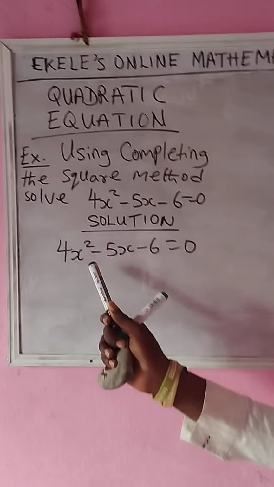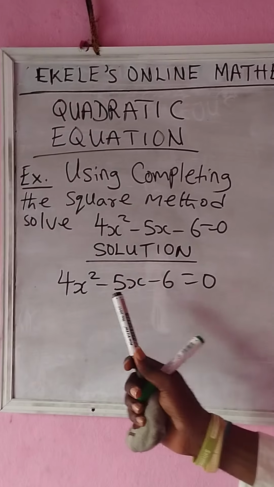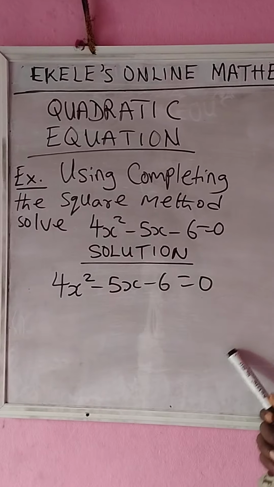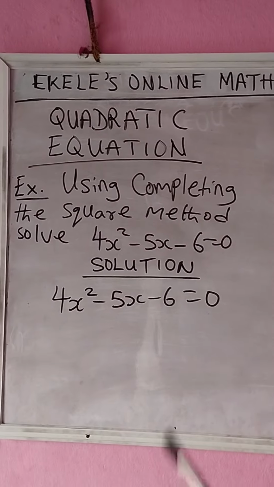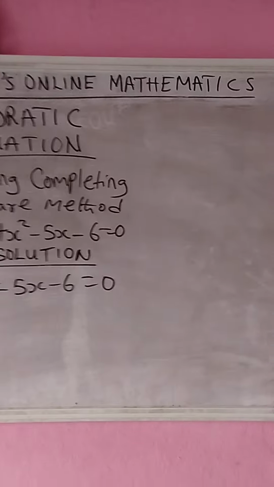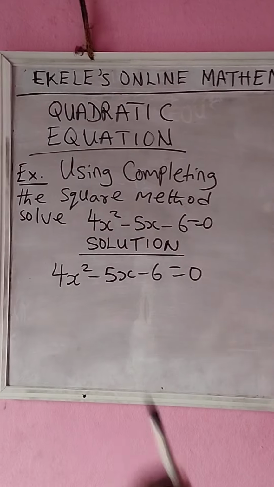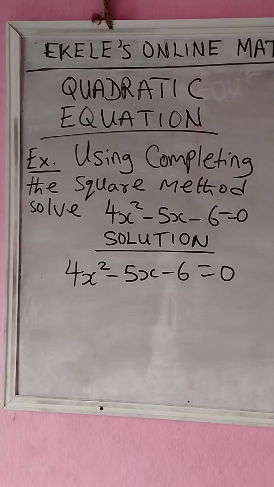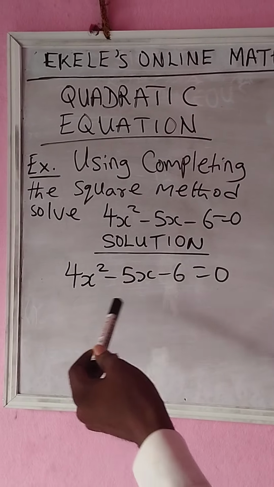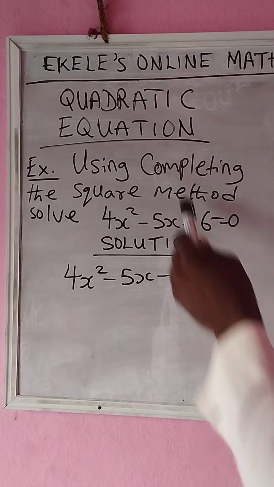But for today we're going to be looking at solving the quadratic equation using the completing the square method, which is the most difficult method. You can factorize this, you can use graphical method or formula method to solve this. But we want to use completing the square method.